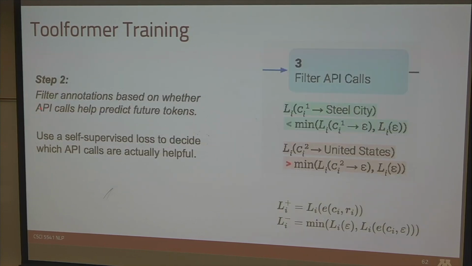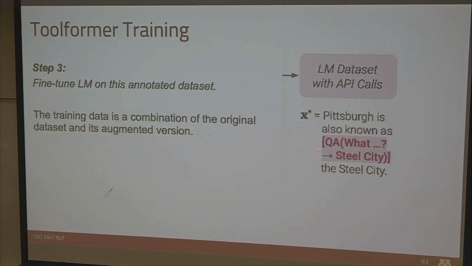So they have a filtering stage where they compare whether the output of the tool is helpful in predicting the next token of the actual generation. So if it did help, then they will retain the tool call. If not, they will just remove that from the annotation. And then, same as before, they just fine-tune on this explicit usage of tools in their texts.